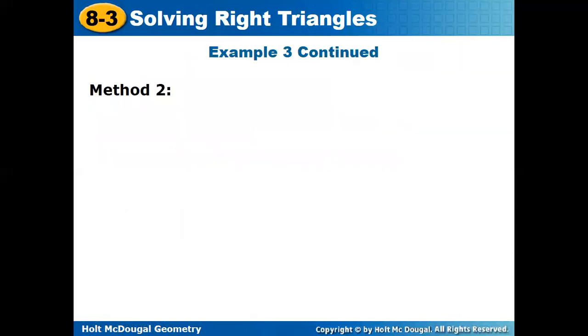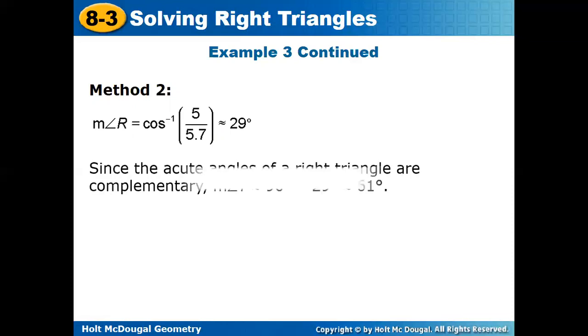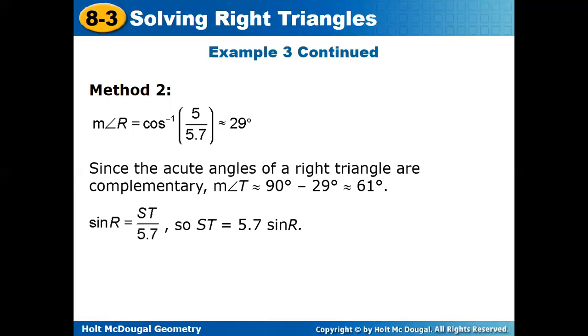This is the second method: we can find measure angle R first, and also measure angle T, then find the third side. We will not use Pythagorean here. We can use any trigonometric ratio. We can use sine of angle R, its opposite leg ST over the hypotenuse 5.7, like the previous lesson.